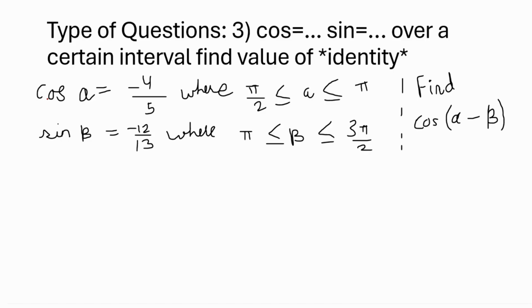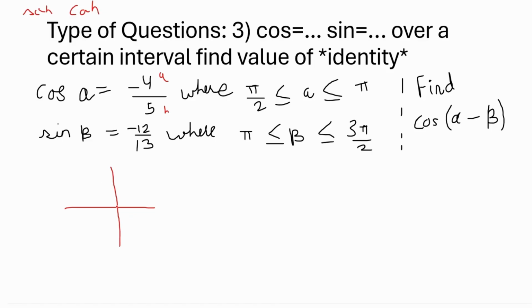With this one, all you have to do is make triangles. So cos A equals negative 4 over 5. In this triangle, this is your adjacent, this is your hypotenuse. In your graph, you see it's between pi by 2 and pi, in this interval.